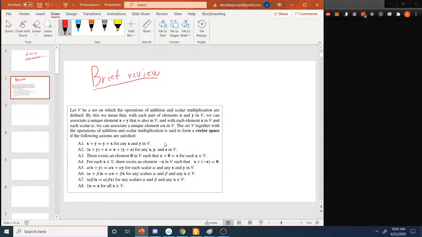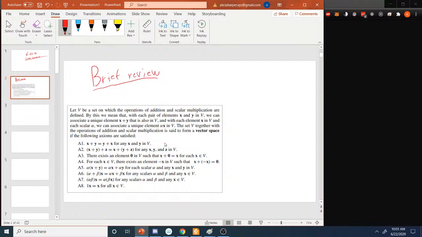Namely, it's one that satisfies the following 8 axioms. Axiom A1 guarantees that addition is commutative. Axiom A2 guarantees that it's associative. And other than having an addition operation on the set, you also have an operation called scalar multiplication. And all 8 of these axioms are satisfied.